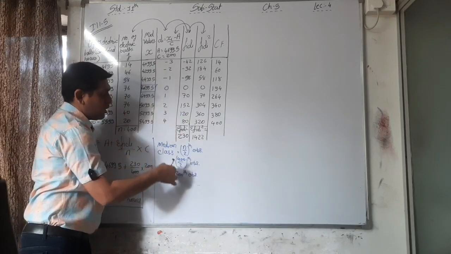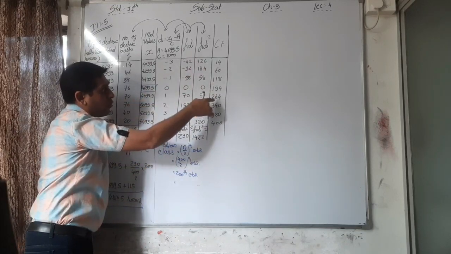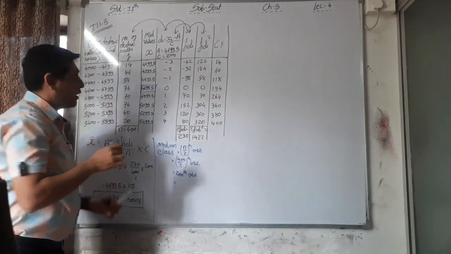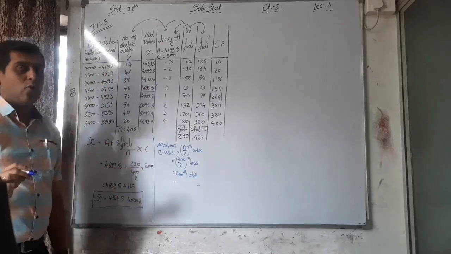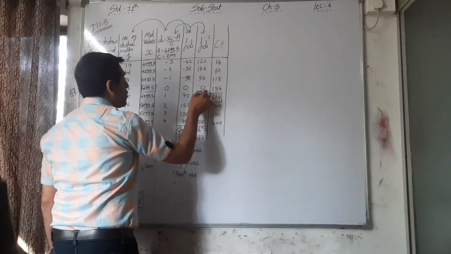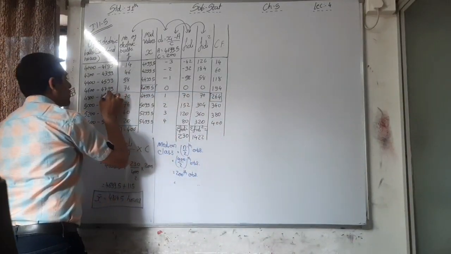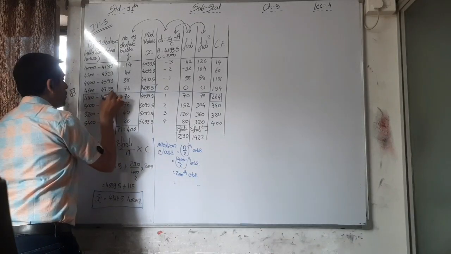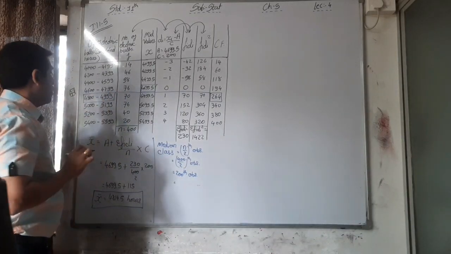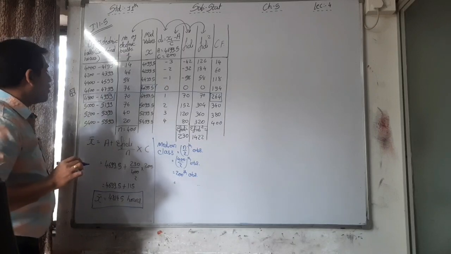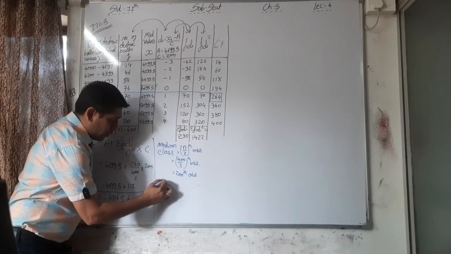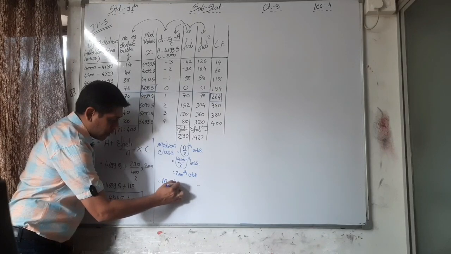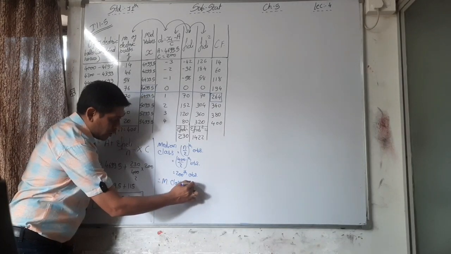We have to see this 200 in the CF column. Where does it lie? It lies between 194 to 264, and the corresponding class is 4800 to 4999.